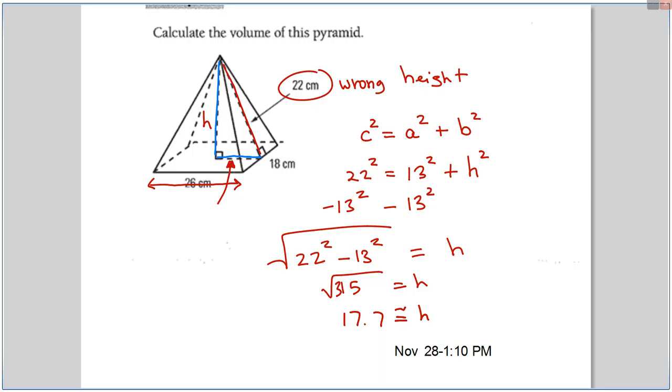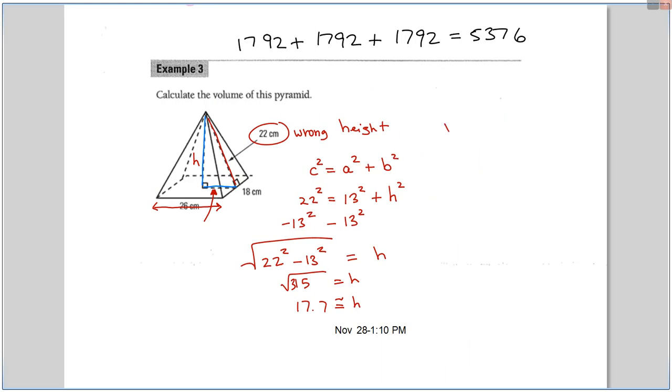Think the book got that on the next page? I don't know. Oh, the book did. They're smart guys, apparently. So once you get the new height, length times width times height, and then divide by 3, of course. 26 times 18 times the new height, 17.7.